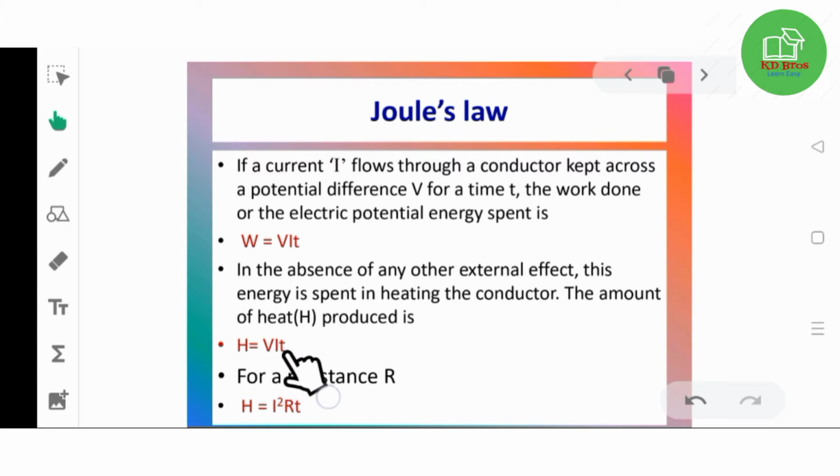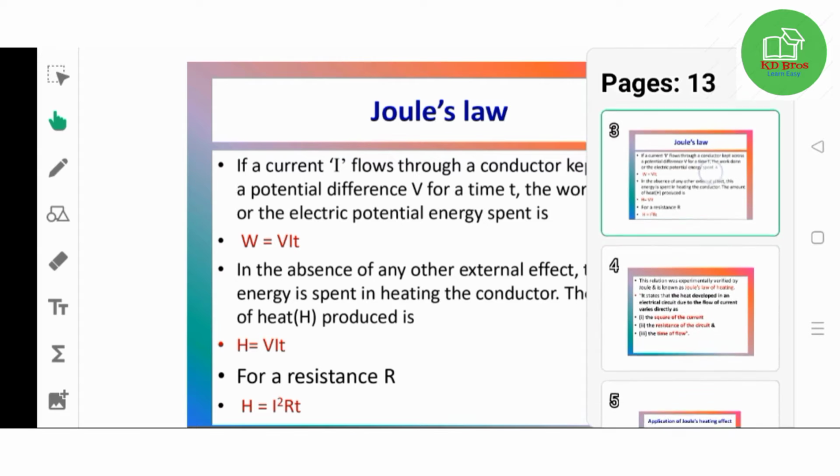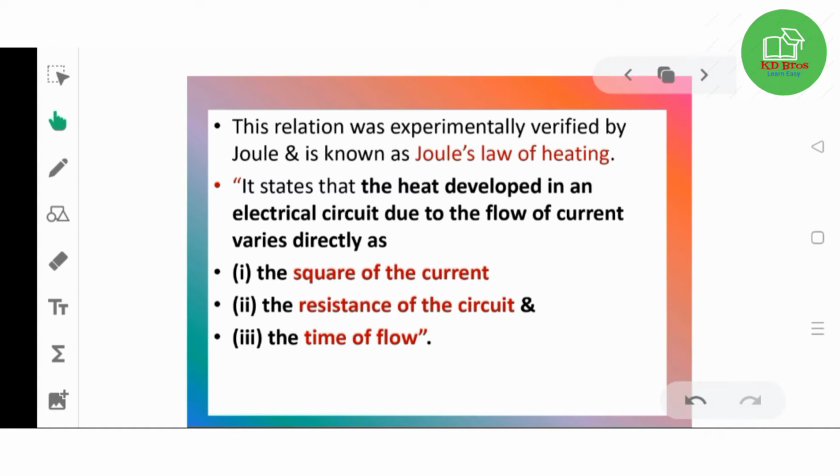For a resistor R, from Ohm's law, we substitute V equals IR. So the above equation can be rewritten as H equals I squared Rt. This relation, experimentally verified by Joule, is known as Joule's law of heating.